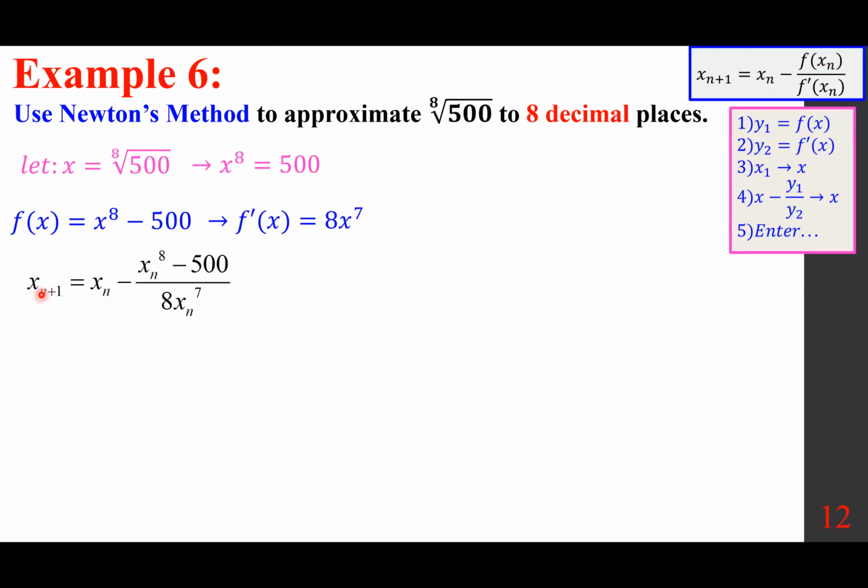Now this is general. If I want x sub 2, this becomes 1, this becomes 1, this becomes 1. And so where should I begin? Somewhere. 2 to the power of 8 is 256, 3 to the power of 8 is 6,561. So you start with one of those.